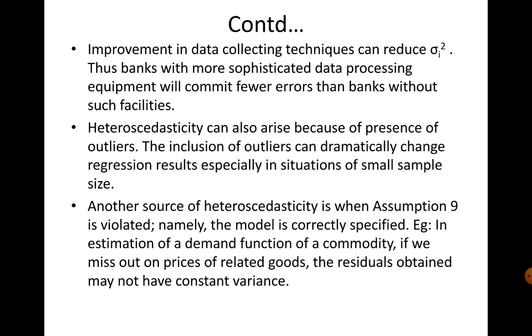If you miss out on prices of related goods, either complementary goods or substitute goods, that is, goods which are a form of competition to our commodity under study, then the model has been misspecified, and the residual terms, or the u i hat terms, of this wrongly specified model need not have constant variance. So misspecification or specification bias is another source of heteroscedasticity.